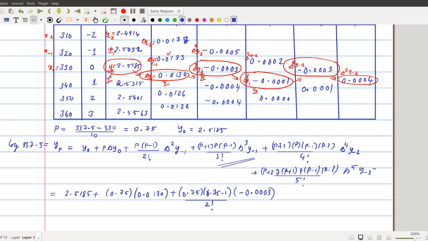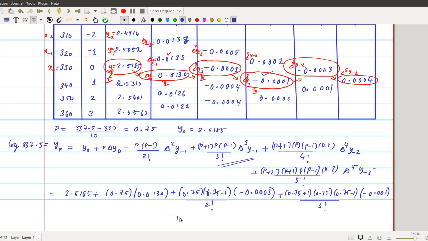Now we have the fourth term, that is plus p plus 1, that is 0.75 plus 1, then 0.75, then 0.75 minus 1 divided by 3 factorial delta cube y minus 1. Delta cube y minus 1 is this one, that is minus 0.001.